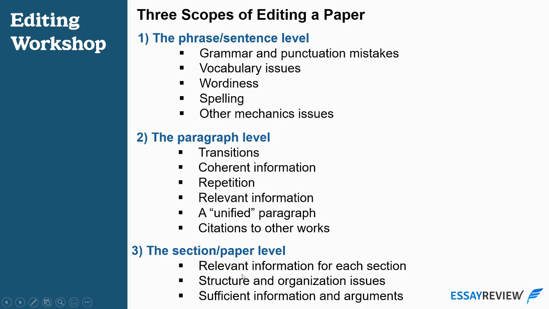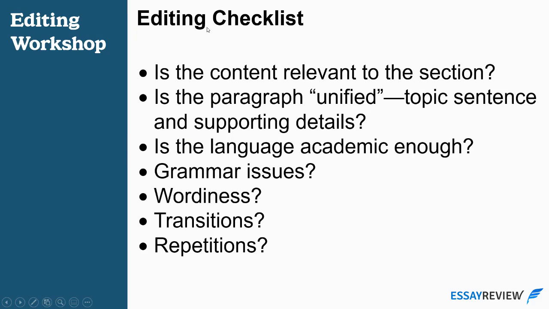And I don't want to look at the section or the whole paper. I want to look at the phrase and the paragraph. And the paragraph level means like unifying, making sure that you have a topic sentence and that the following sentences flow from that. But most of these examples are going to be on the sentence level. So let's proceed with that.